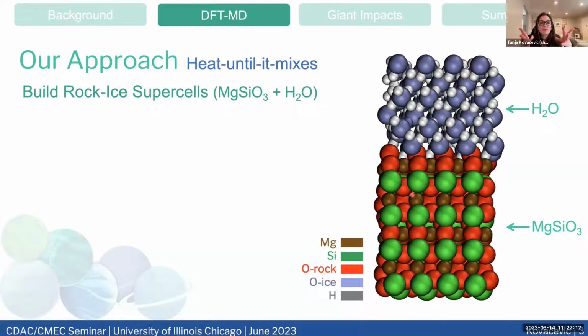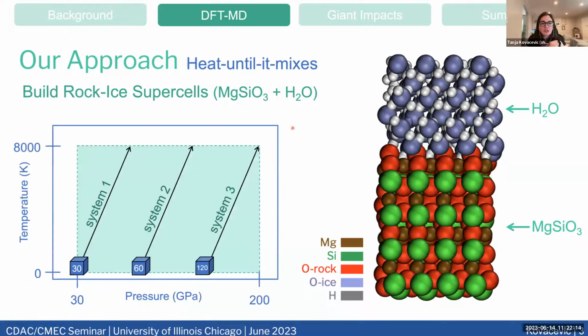So I have my system, and I'm going to build 2 more. This system is the one that's relevant for 120 GPa, system 3 that I'm showing you here. So I have the crystal lattices for bridgmanite and water that are relevant at 120 GPa, and I do the same for these 2. I relax the systems before I begin.